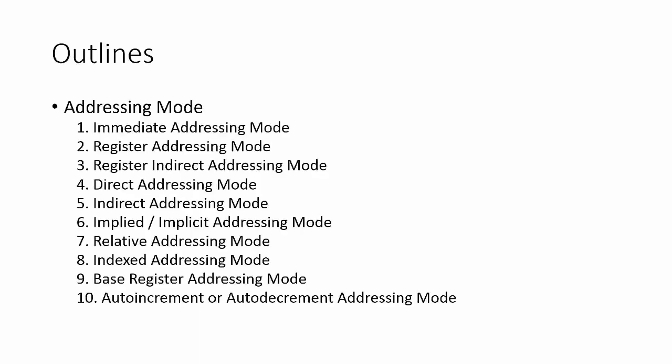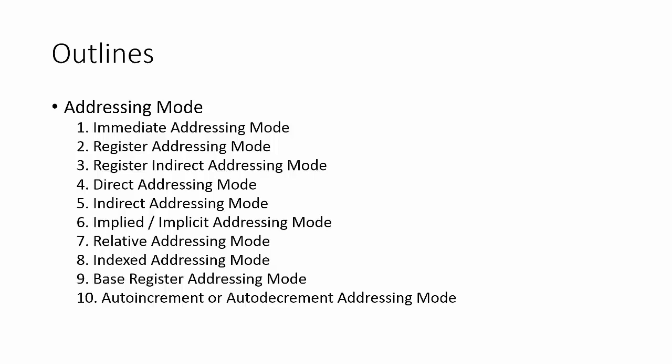Here is the topic: addressing modes. Some of the addressing modes I already discussed in class, but I decided to discuss addressing modes from the beginning. Here are the outlines which we'll discuss one by one.